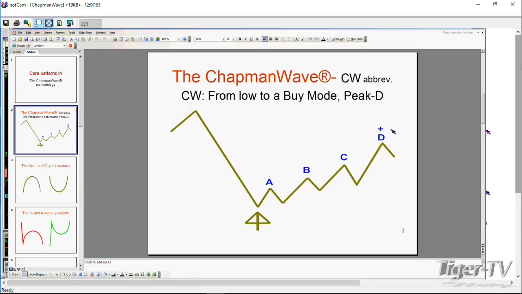It can go E, F, G, but at D, when you've gone from a buy signal to an upgraded buy mode, D is your anticipated level, the next high that is of importance, the fourth highest high. And at that stage, other things can happen. Yeah, it can recycle, but that's really the goal.